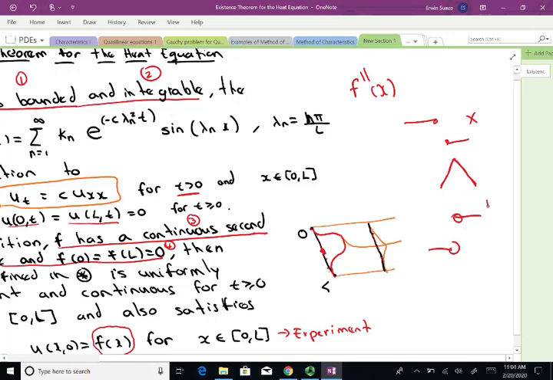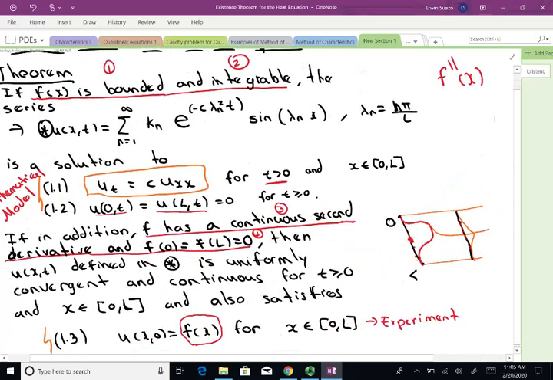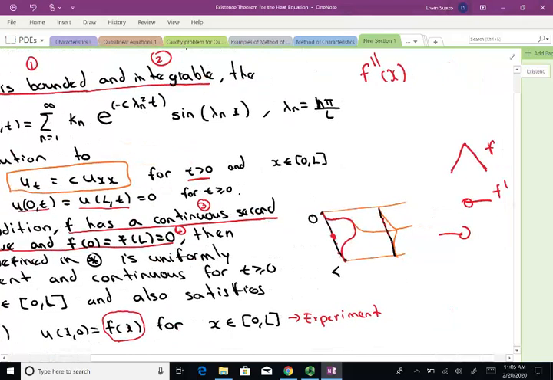So this is f prime of this f. If this is f, f prime will look something like this. So this is continuous, but the second derivative I cannot find. The second derivative will be discontinuous. So the second derivative must be continuous. And f of 0 and f of l have to be 0.